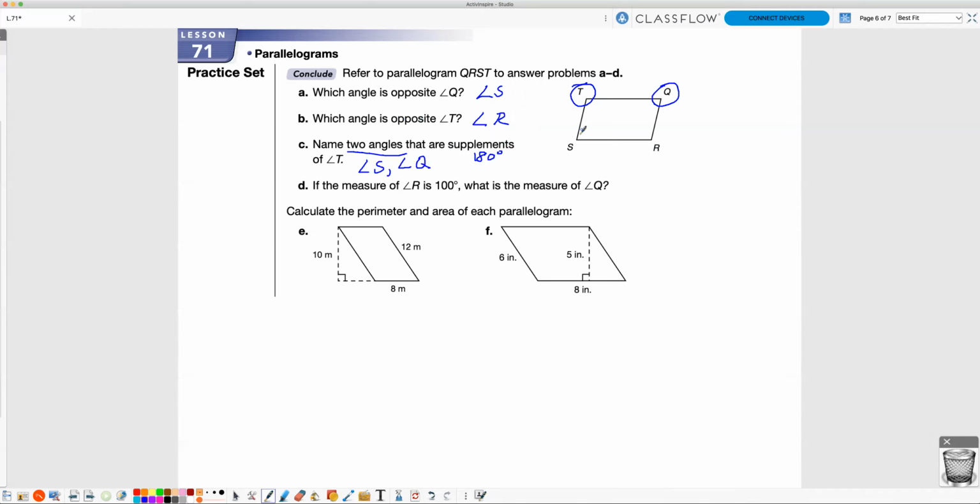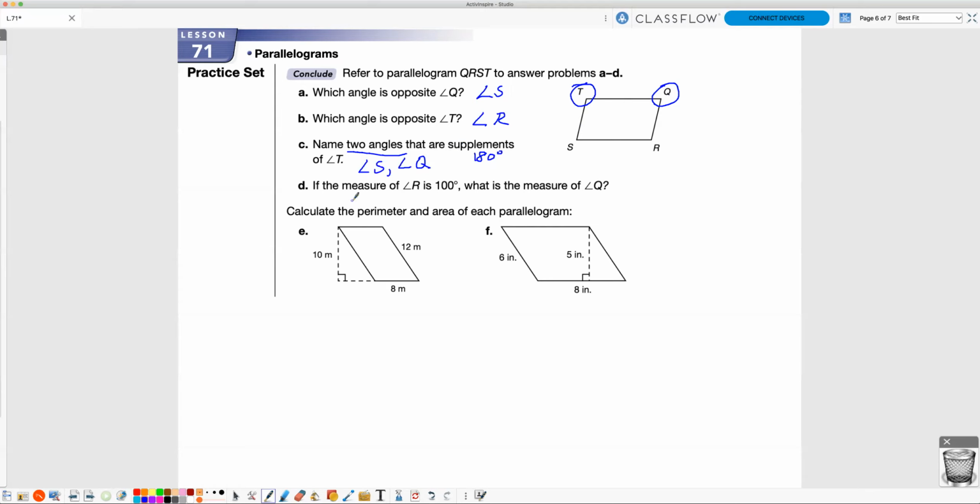Remember, supplement means it has to add up to 180, and those that are adjacent to it, immediately next to it, next door. So angle T, the next door angles are angle S and angle Q. Those are the two angles that are adjacent or considered supplements of angle T.